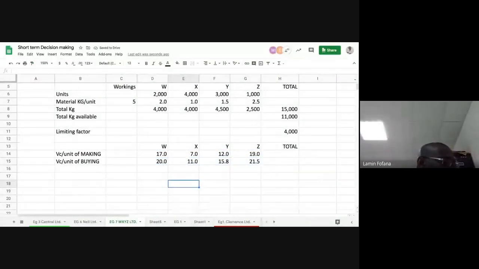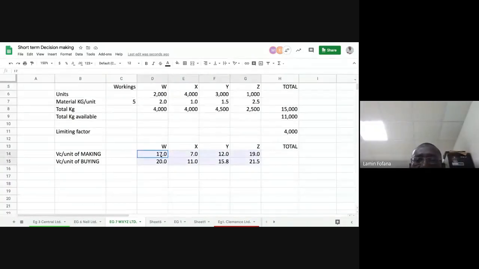So now we have 20, 11, why 15.8? Oh, because it's 1 dp, not 2 dp. So we need to take it to 2 dp. We highlight all of them and then increase the decimal point. So this is what we should get to 2 dp.